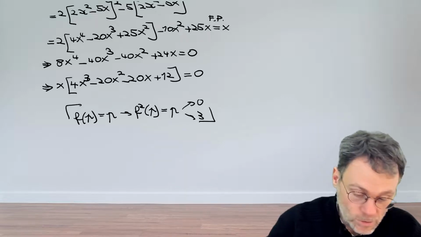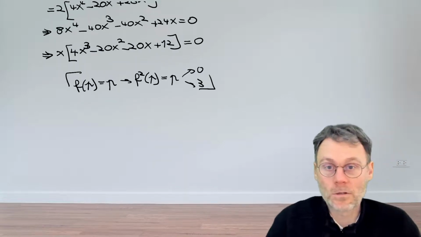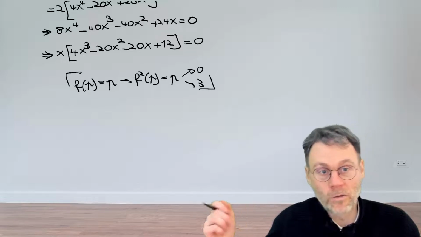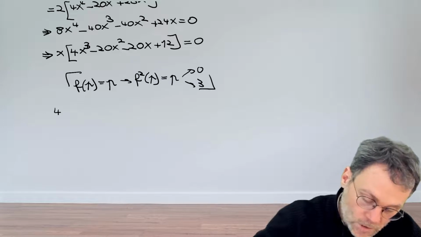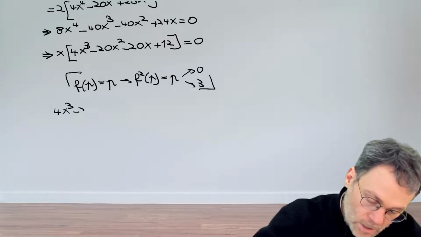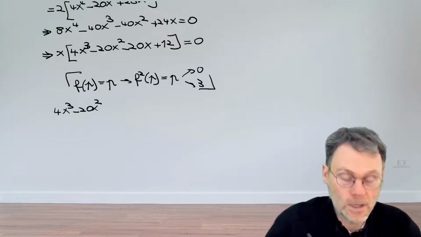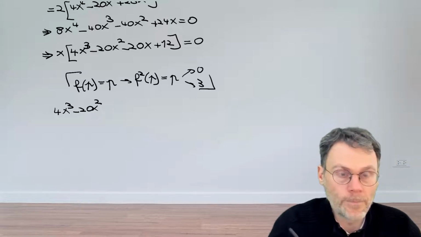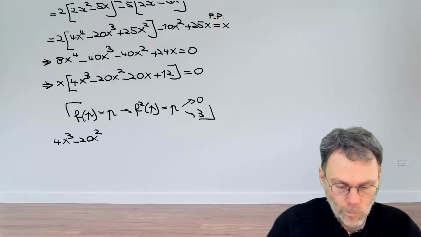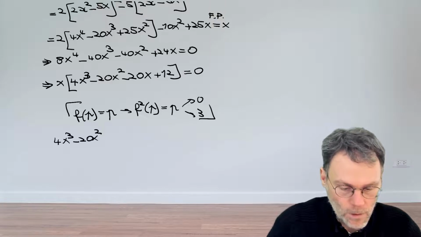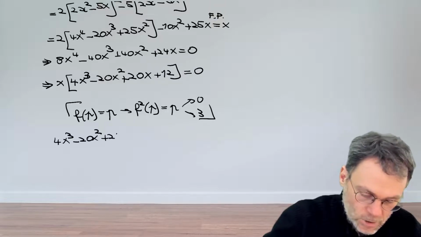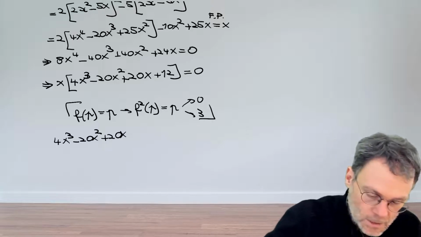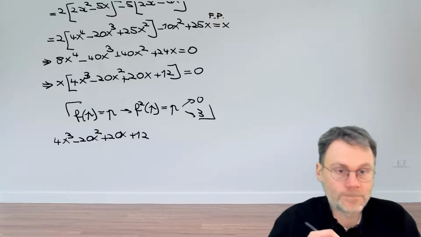So what we're going to do is some good old-fashioned polynomial long division to factor out x minus 3 of our original polynomial, which is 4x cubed minus 20x squared plus 20x plus 12.